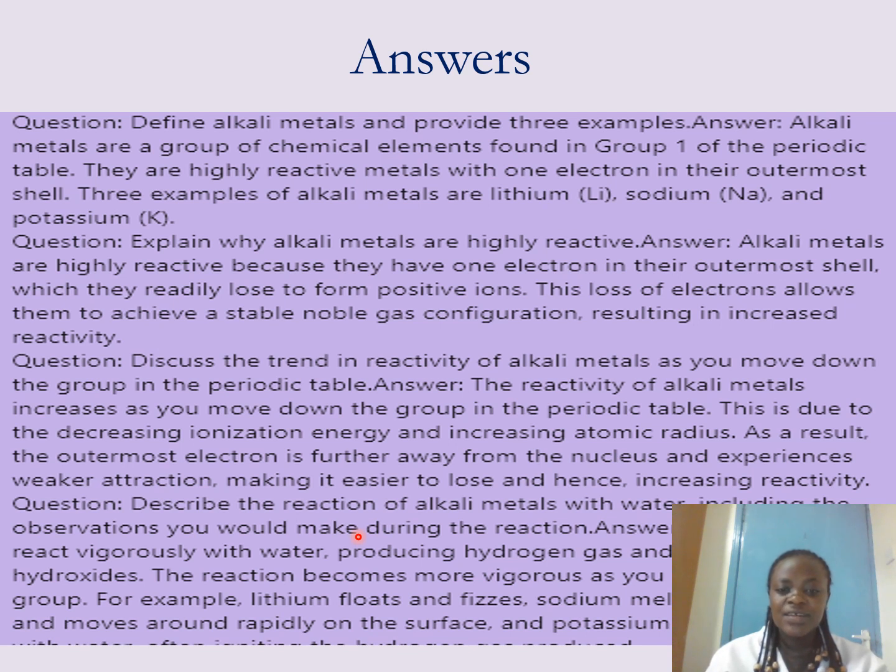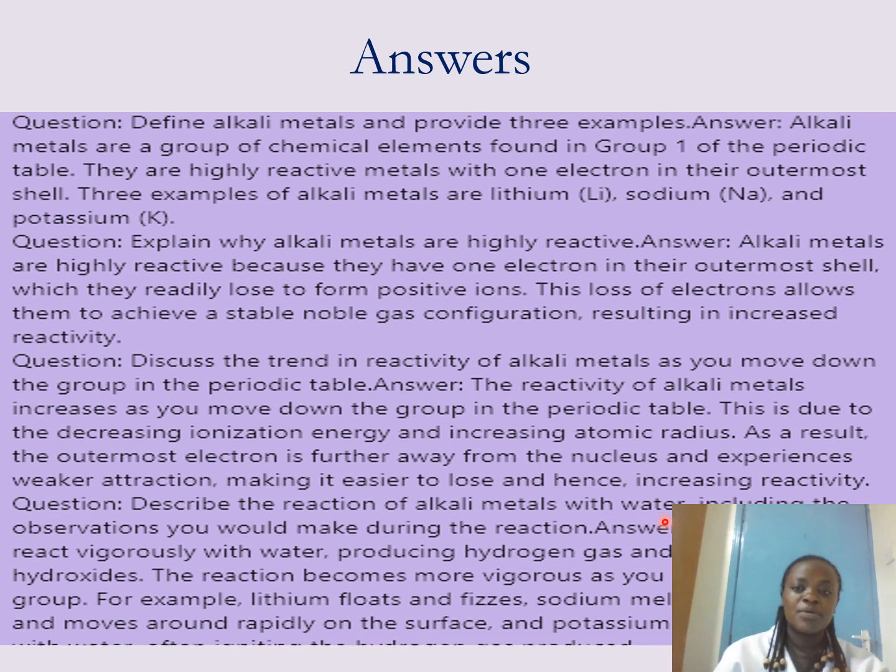Then describe the reaction of alkali metals with water. This is what we have just looked at in this lesson. We said alkali metals react very vigorously with water. They produce hydrogen gas and form metal hydroxide. The reaction becomes more vigorous as you move down the group.